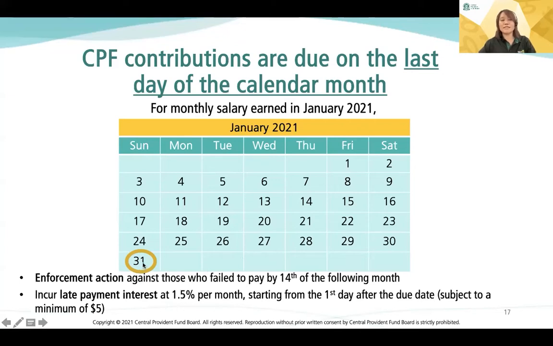For example, if you failed to make your CPF contribution on the 31st of January, the late payment interest will kick in from 1st February onwards. This is quite a serious offence that we look at, so do make sure that you make your CPF contribution by the last day of the calendar month.